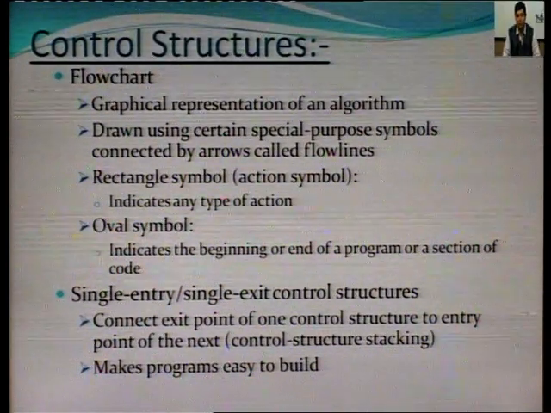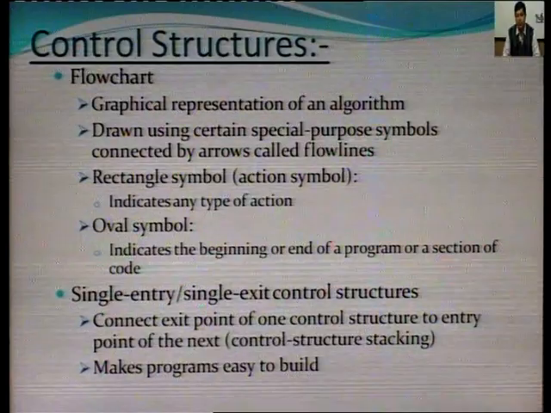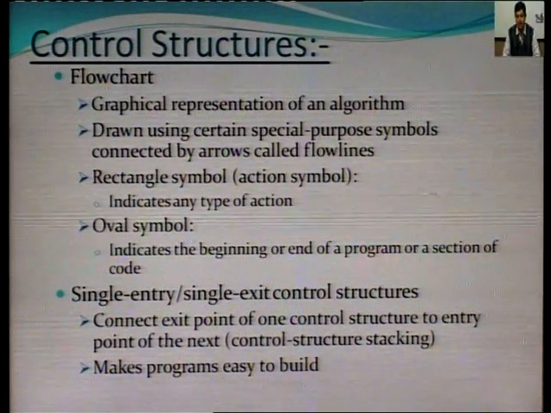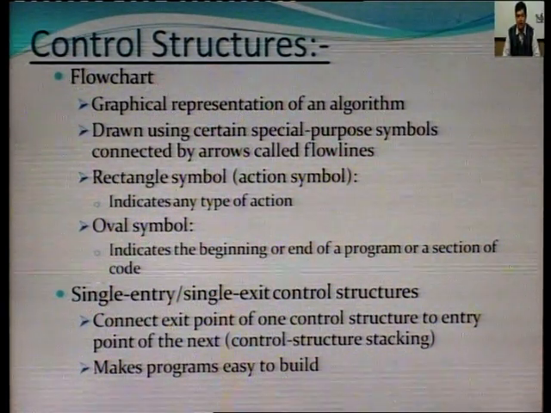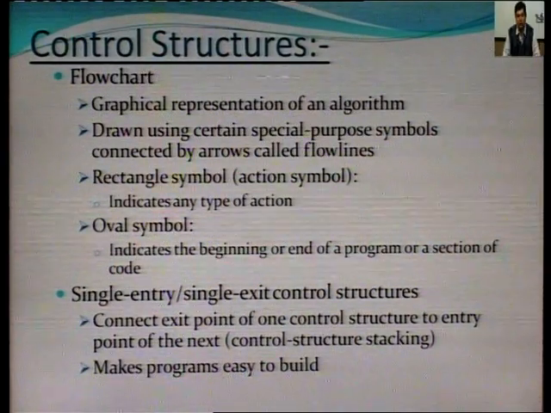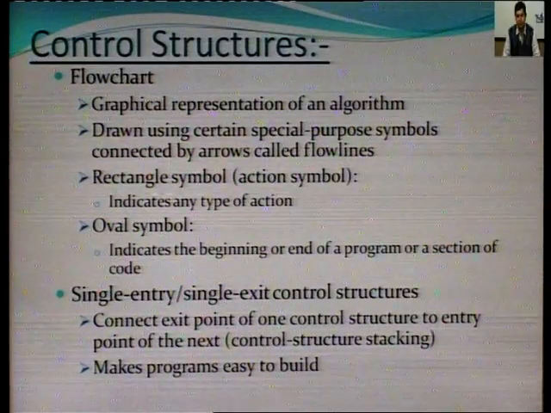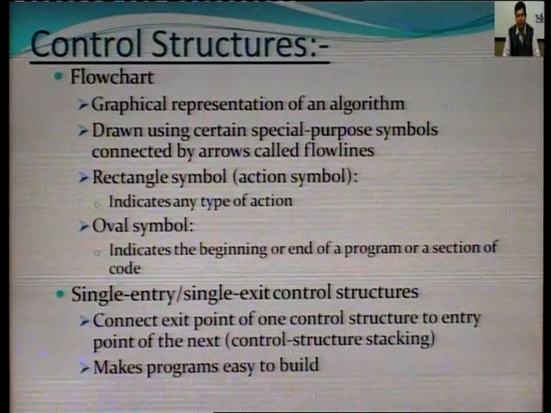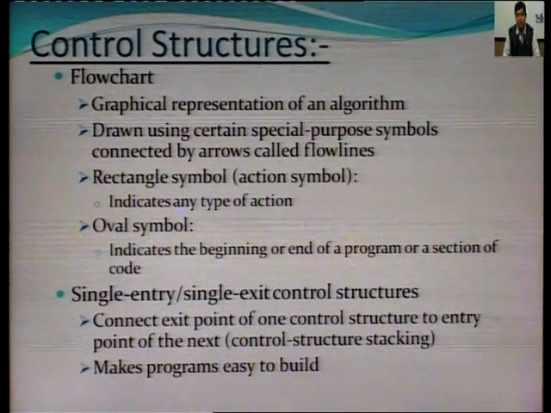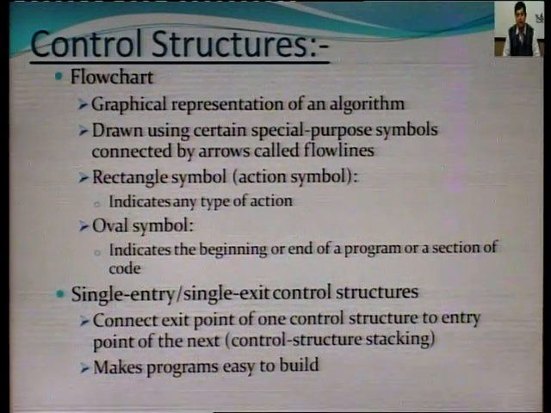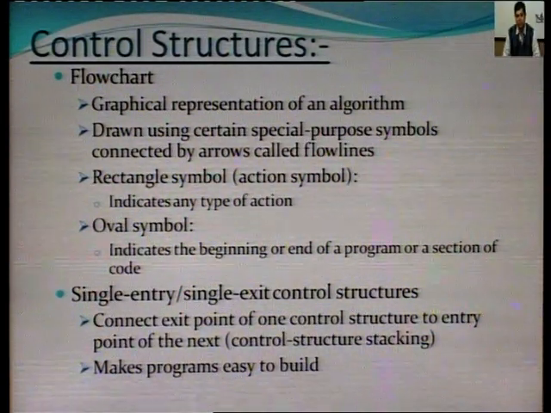It is drawn using some special symbols connected by arrows, also called flow lines. There is a rectangle symbol, which we also call the action symbol, and it indicates any type of action. There is an oval symbol which indicates the beginning or end of the program or section of the code.